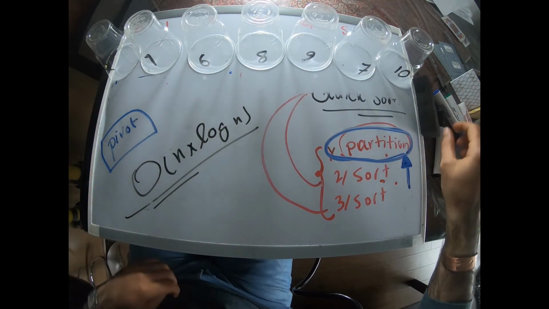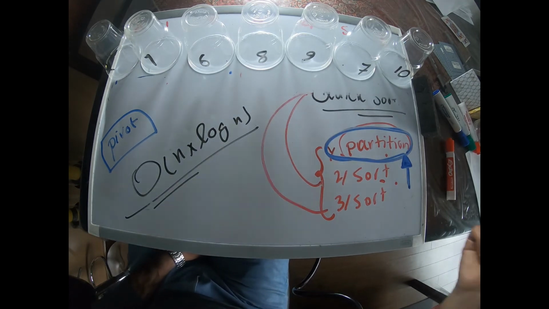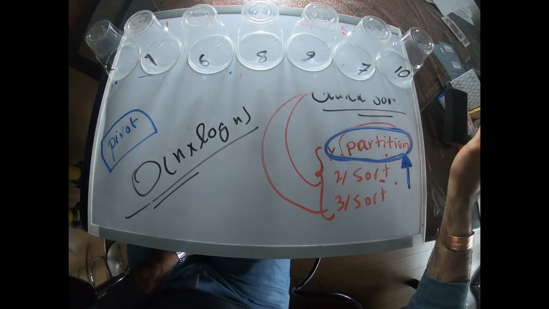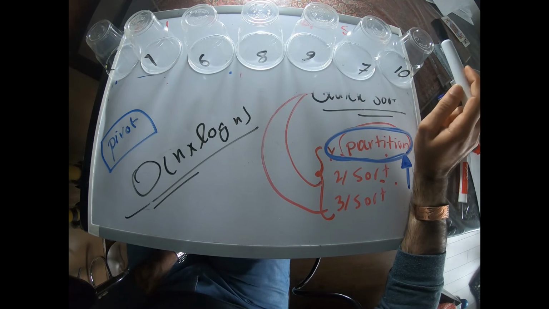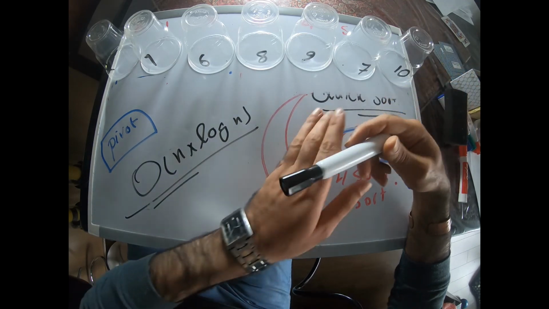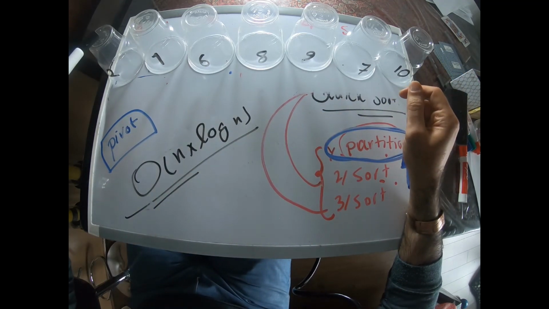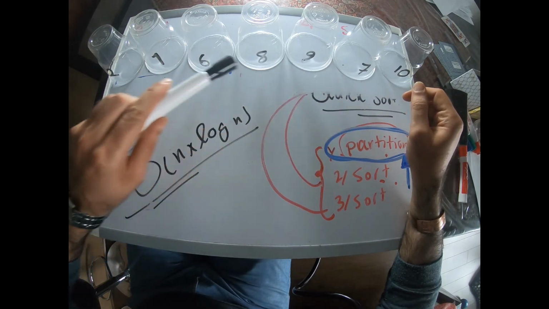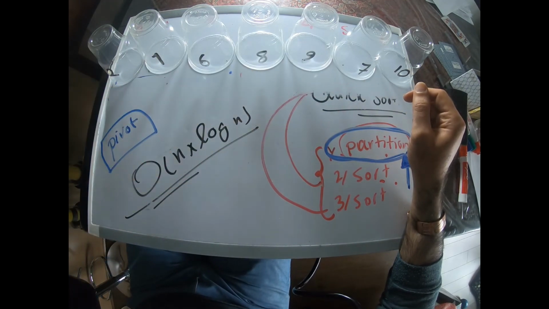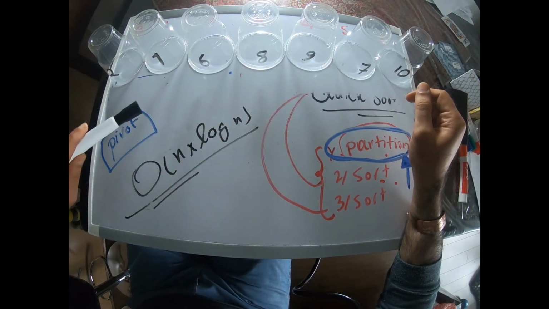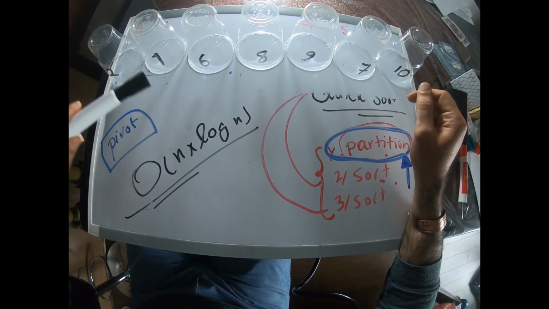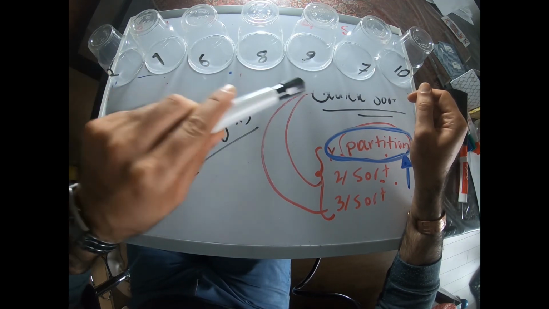before I talk about the worst case scenario, as I mentioned, you can choose the last element as the pivot. You can choose the first element as the pivot. You can choose any random element as the pivot. Or you can write a function to find the median number, right?